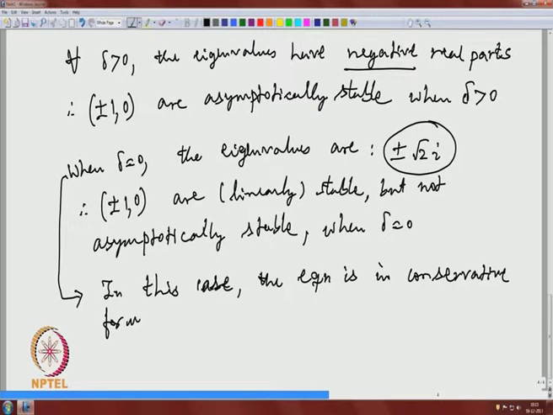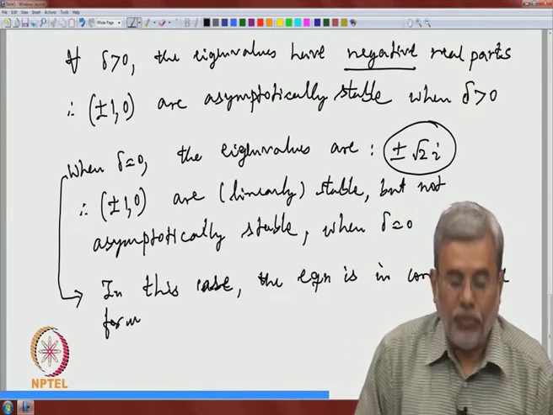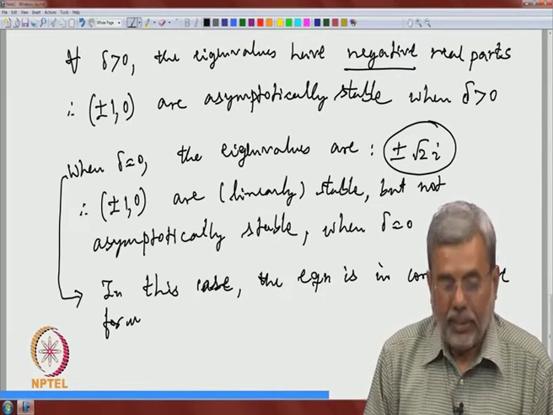So, at that time again I will recall this. So, when delta equal to 0, the equation is referred to as undamped unforced Duffing equation.